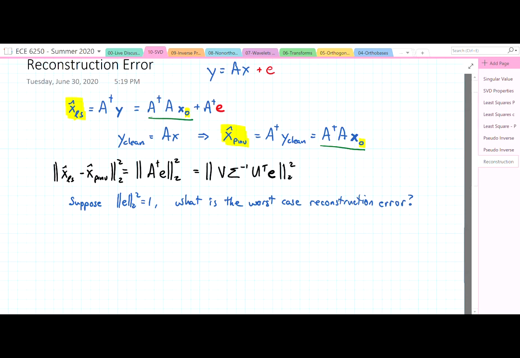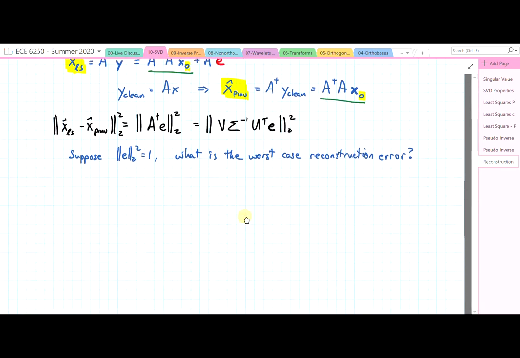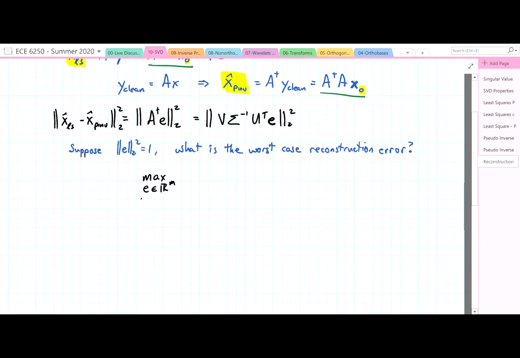So, we can write this as a maximization problem. We want to maximize using e as our dependent variable with the constraint that it has a norm of 1, the sigma inverse U transpose e squared.